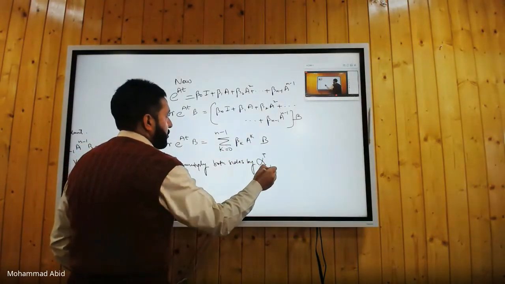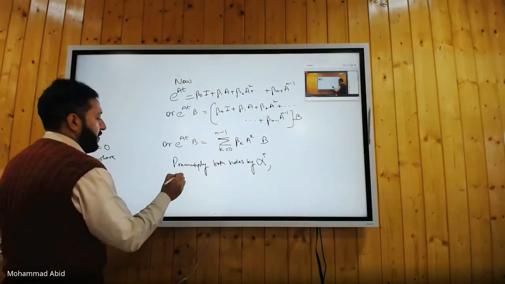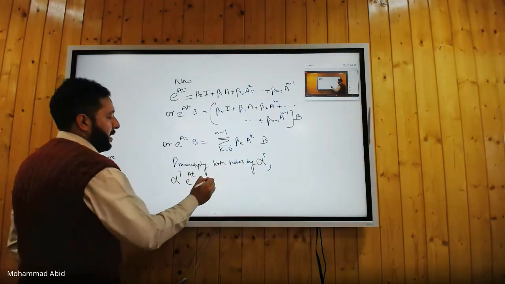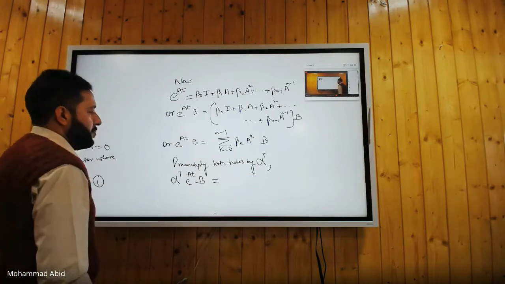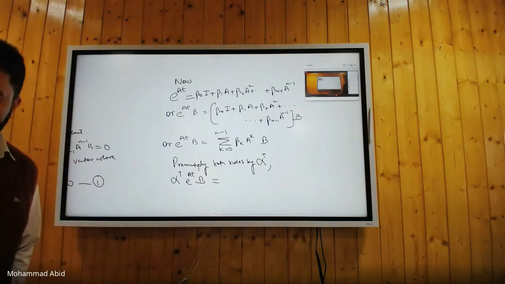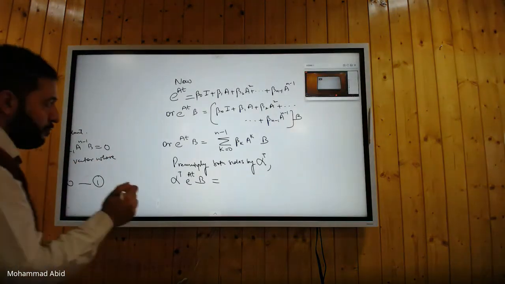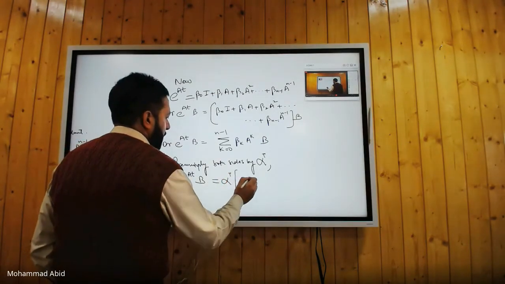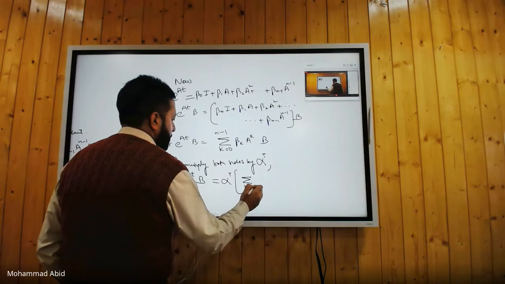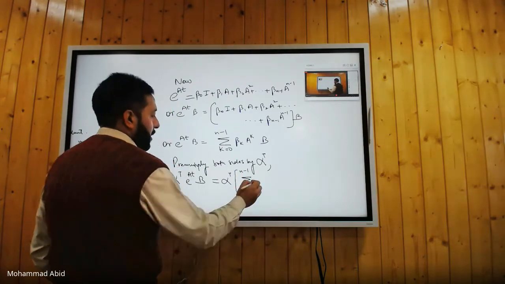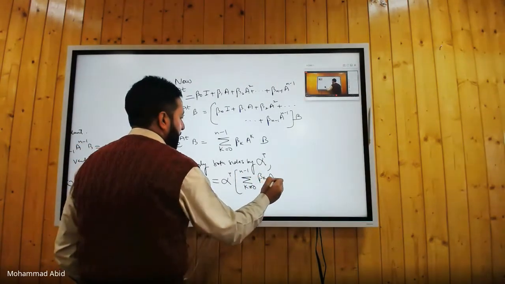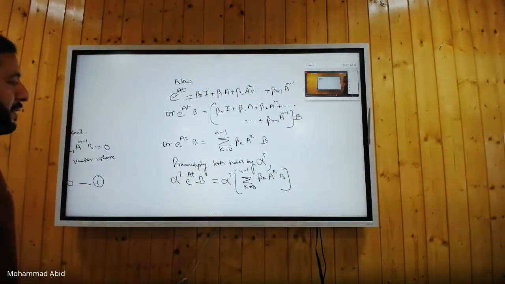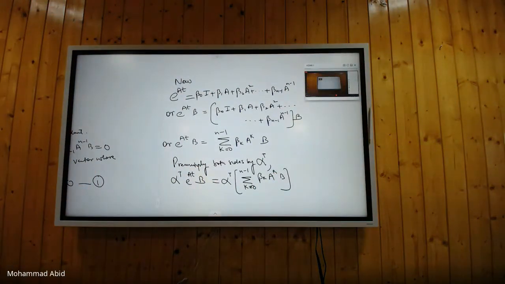alpha transpose, the alpha vector. So this is alpha transpose e to the power At B is equal to, I can write it like this, alpha transpose summation of k is equal to 0 to n minus 1 beta k A to the power k into B. Now alpha vector also has got k components.